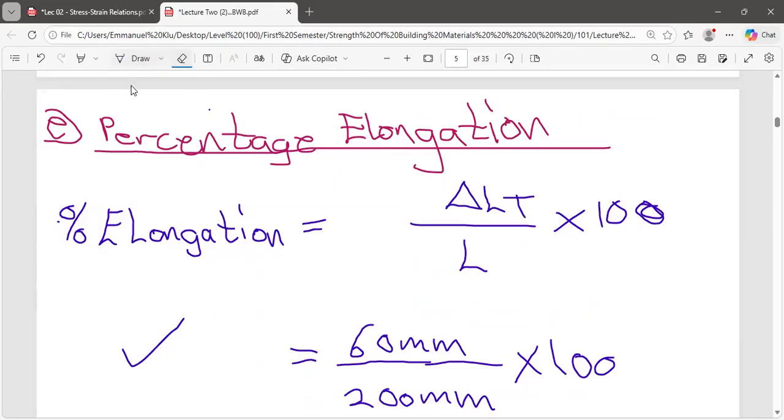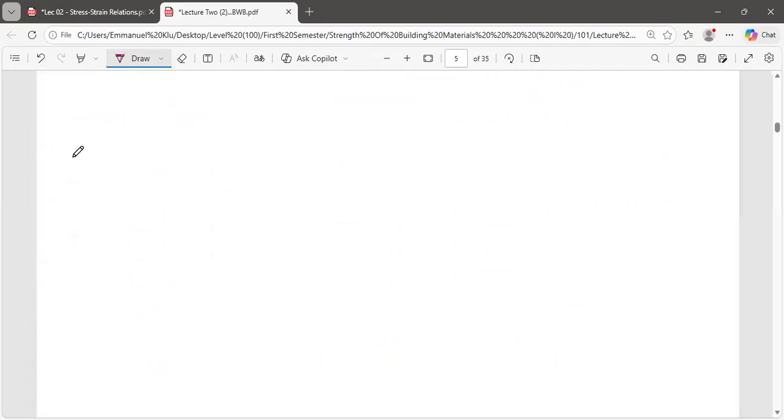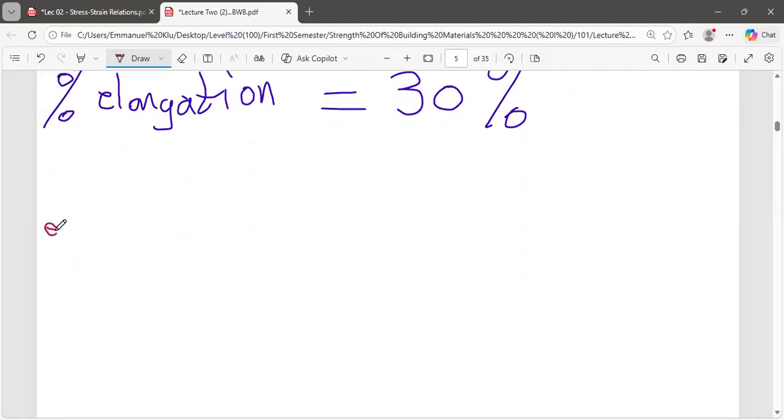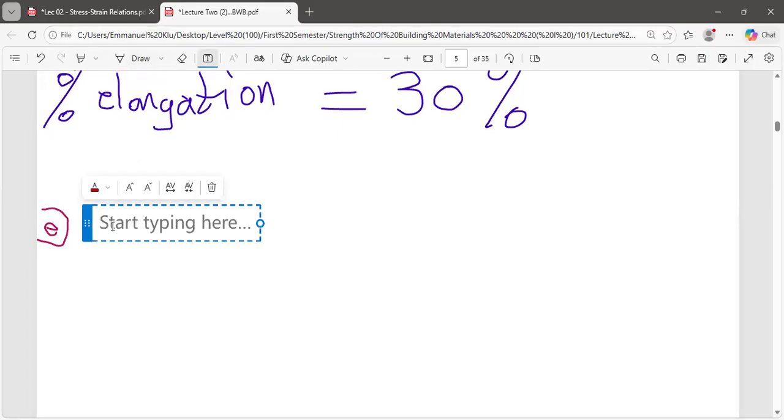If this is D, then that is going to become E. So let's go and solve our question E. For the question E, it is telling us to calculate for the percentage decrease in area. So let me put that down: percentage decrease in area.